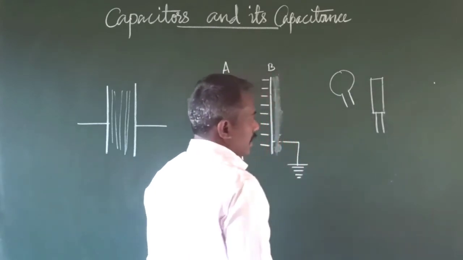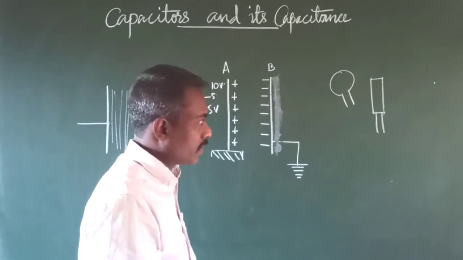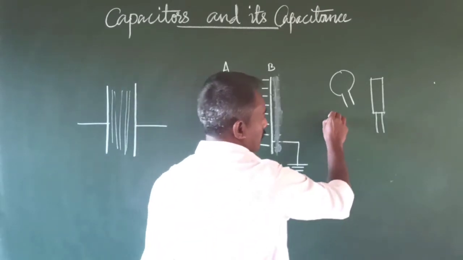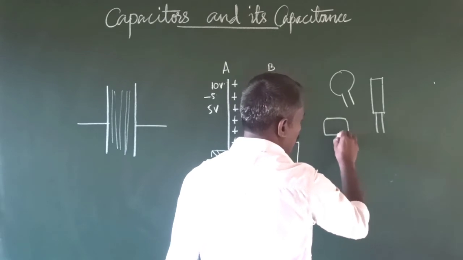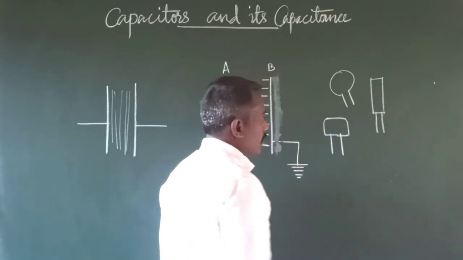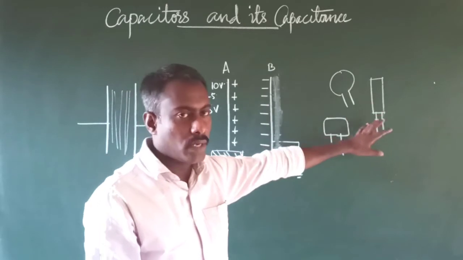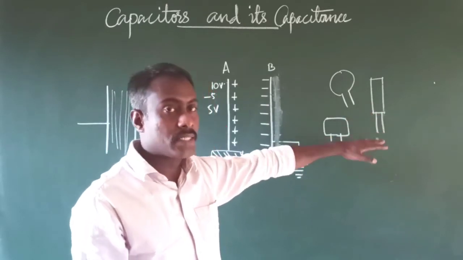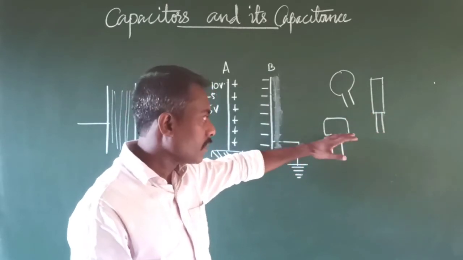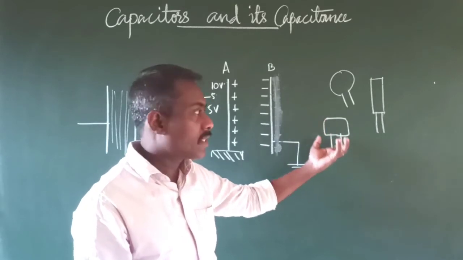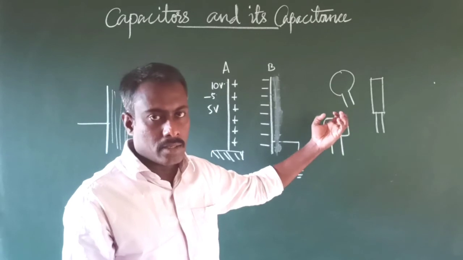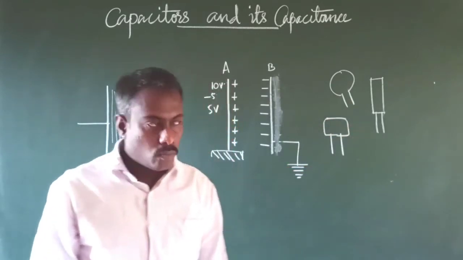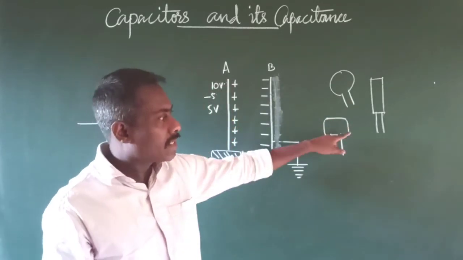Spherical capacitors, rectangular plate capacitors are also there, and they are of different magnitudes. Their capacitance is different, so we can use them as per our requirement in any electrical circuits.